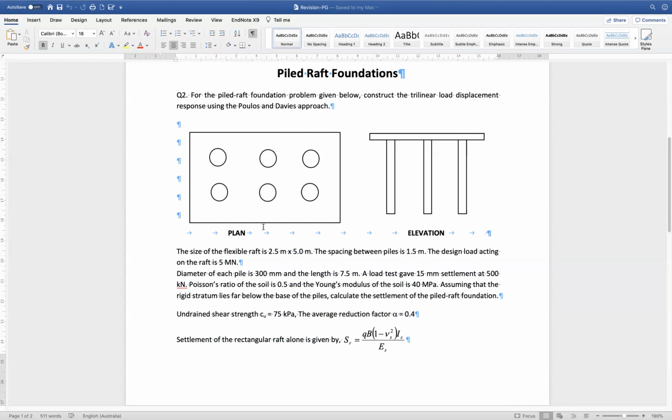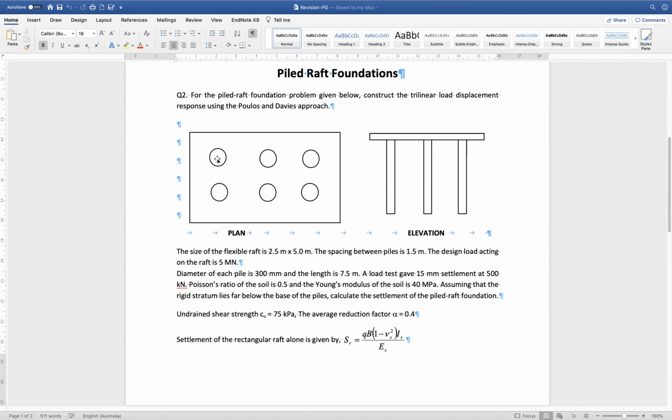To do that for the pile, we need to find what's the load acting on the pile. And because it's a flexible raft, the settlement of the side piles will be different from the settlement of the piles in the center. So we're going to have two different settlements within the pile group here.